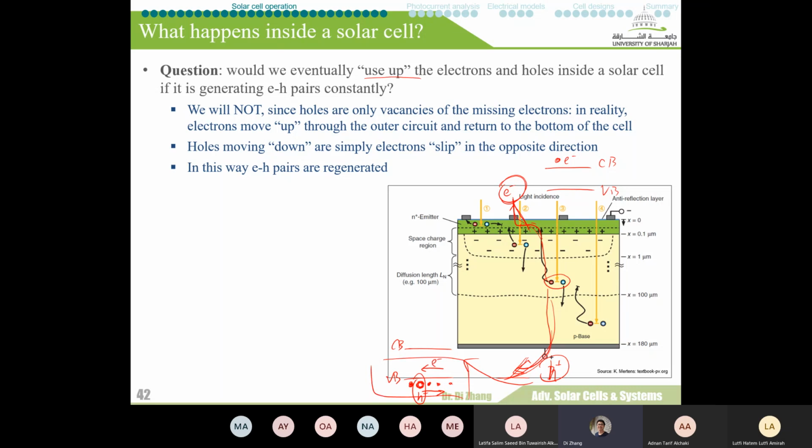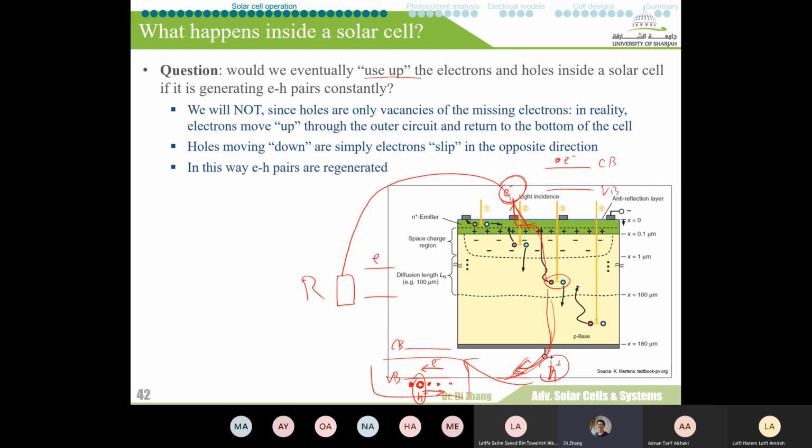So the question is, are we actually removing electrons from the semiconductor? Are we removing holes from the semiconductor? Not exactly, because after the electron goes out into the circuit, it will lose its potential at the load.